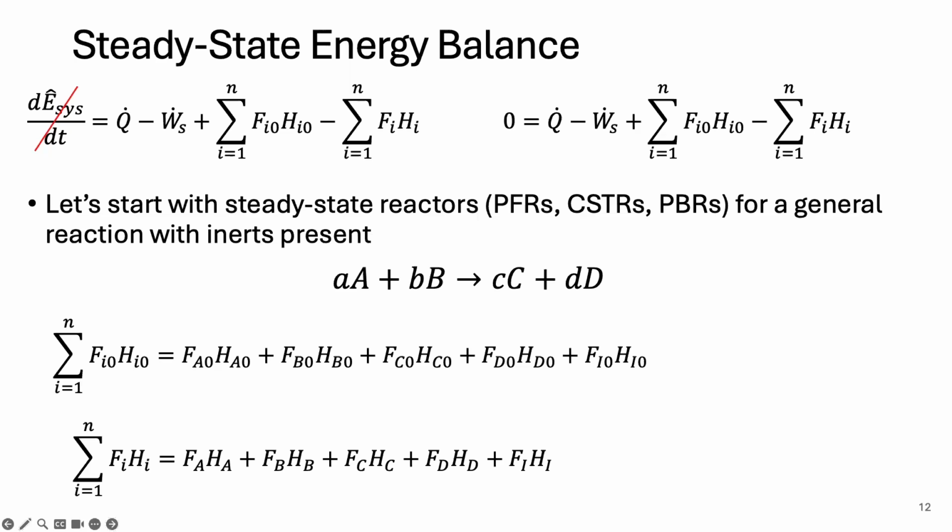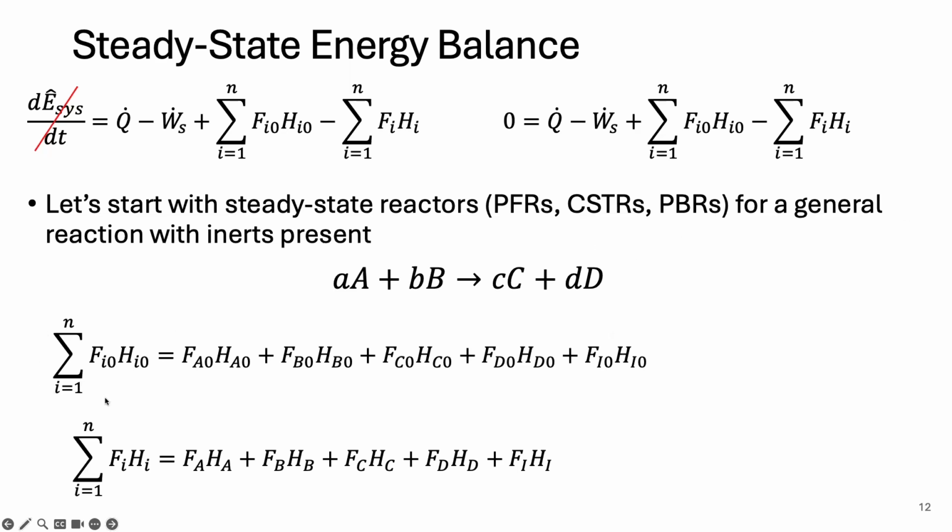And so if we consider a general reaction of A plus B goes to C plus D and their relevant stoichiometric coefficients, then we need to account for the enthalpic contributions from each of those potential constituents of our streams, as well as any inert that might be entering and exiting, say, for example, a carrier gas.